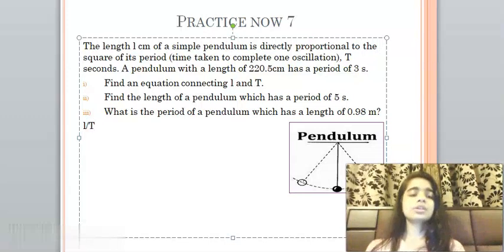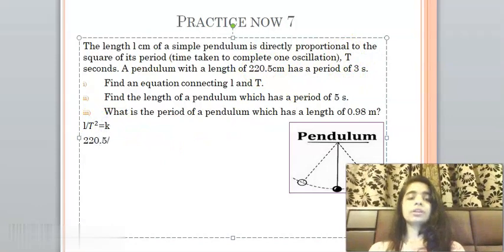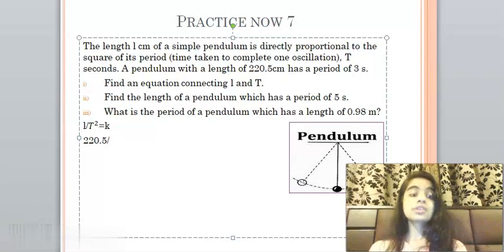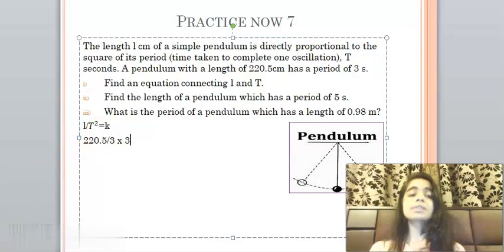Okay. So the value of L is 220.5 and T, that is the time period, is 3. So K will be 220.5 upon 3 square. So 3 square means 3 multiplied by 3. So 3 multiplied by 3 will be 9, and this will be 220.5 divided by 9, which is 24.5.